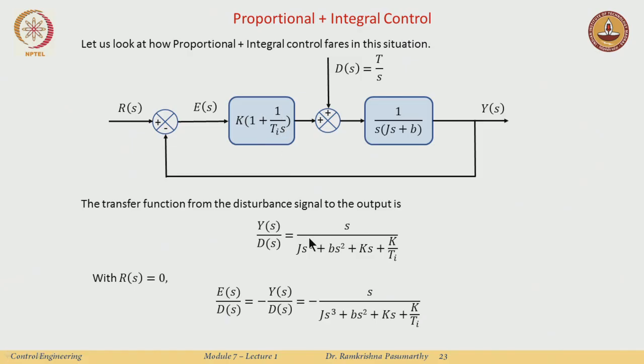So now I have 3 poles. With R(s) equal to 0, the effect of the disturbance on the error becomes something like this. Look at this. What I have in my control are Ti and k.